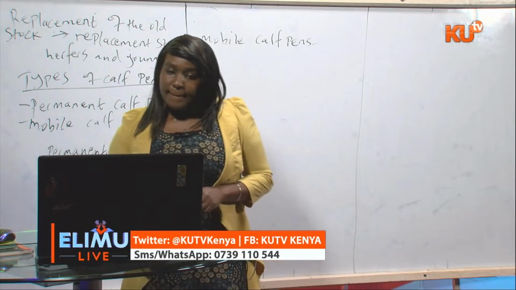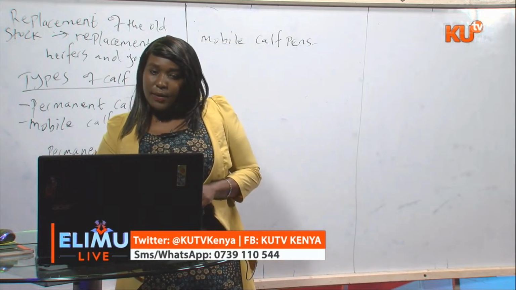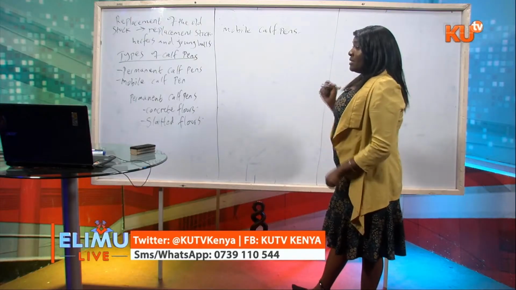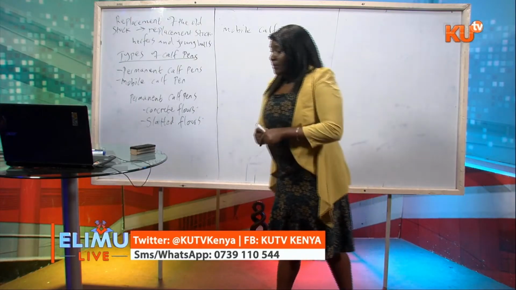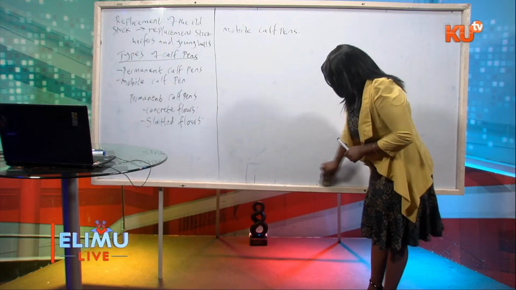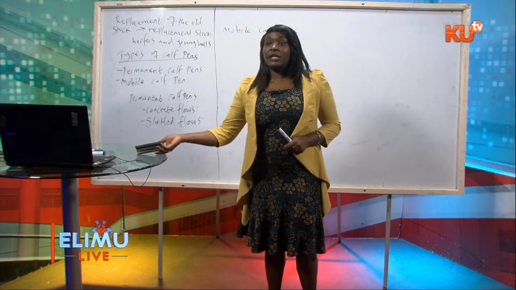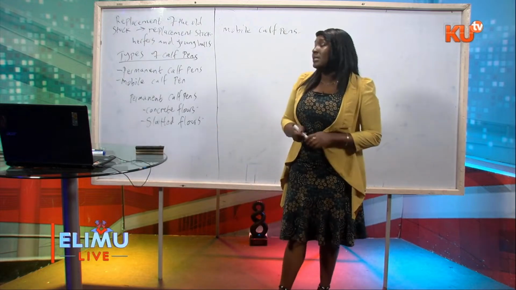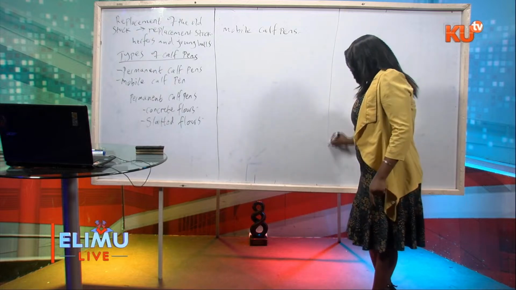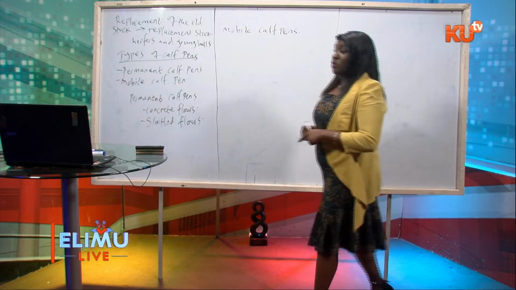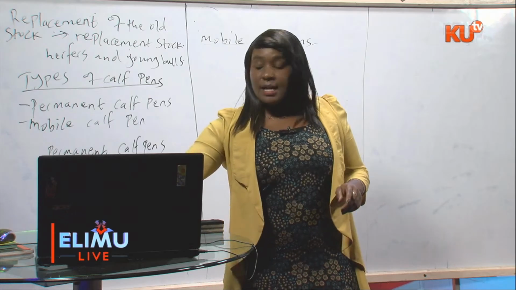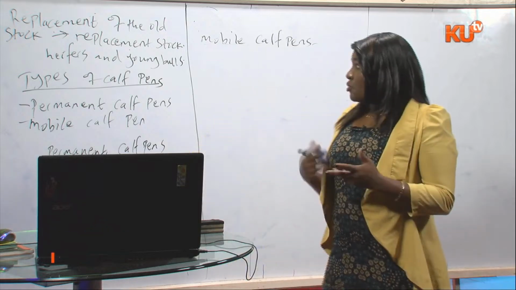So dear learner, after looking at the types of calf pens, the next objective of this lesson is the one carrying the weight of the day, because I believe you have interacted with it in your different schools, and it is a very common question in the exam, especially in section C, carrying around 16 marks.